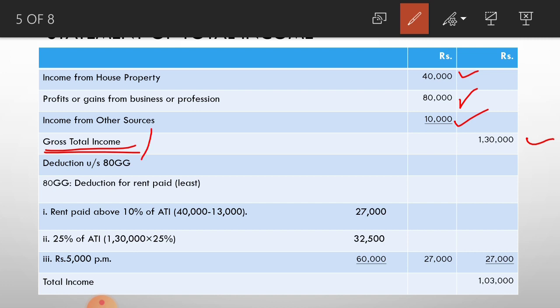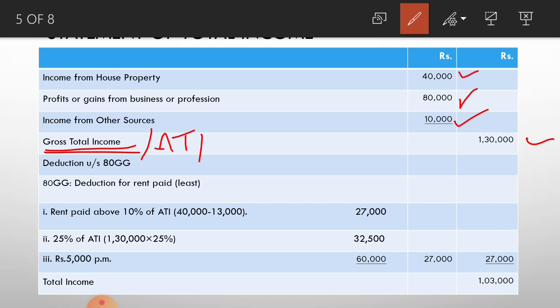So, the ATI or adjusted total income is 1,30,000. Here you have to deduct deduction under section 80GG from this gross total income to get total income. There are restrictions to claim deduction under this section. The first restriction is rent paid above 10% of ATI.